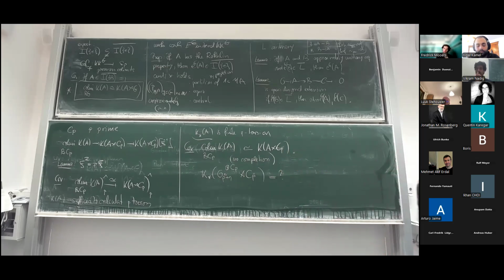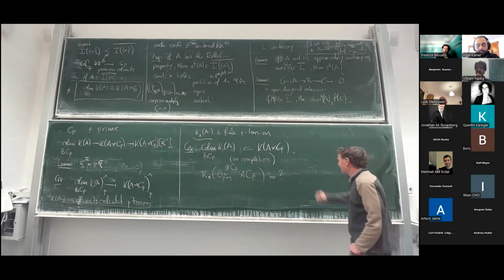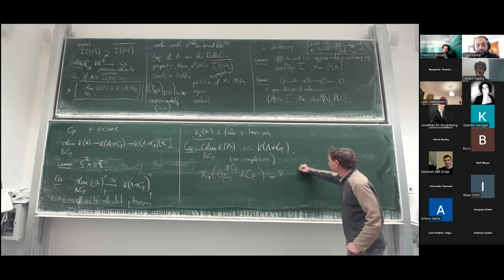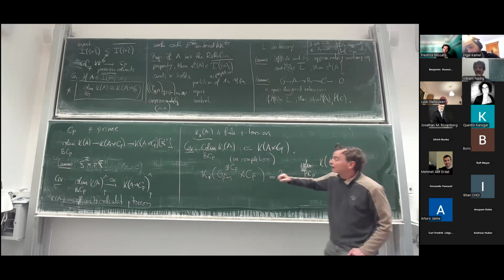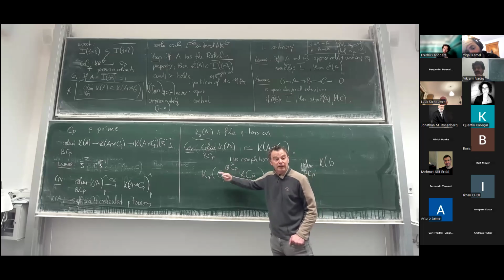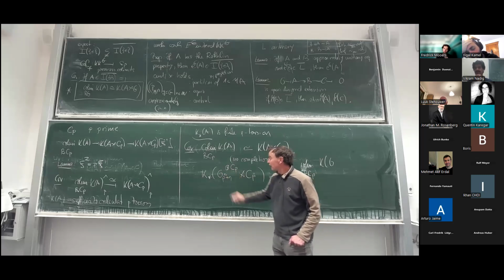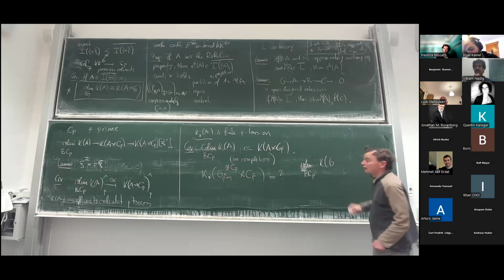I thought, okay, knowing all this, we have to calculate the co-limit over BCP of the K-theory spectrum of this tensor power. And actually K-theory, if we do it in KU modules, everything is in the bootstrap class, so we can pull out this tensor power.